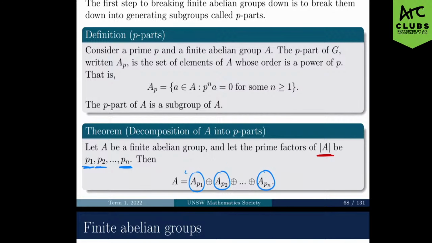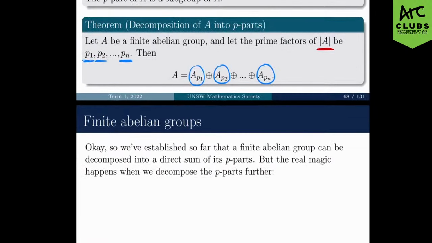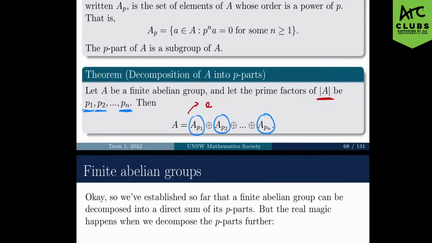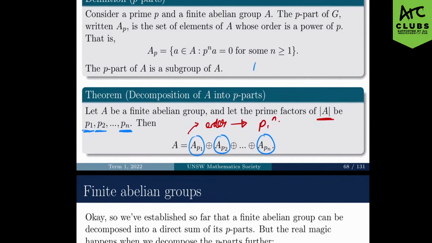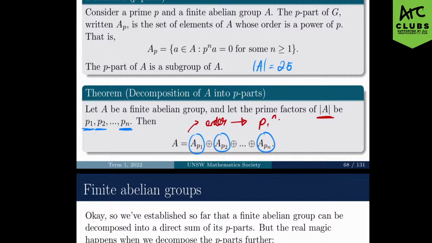What's useful to notice is that each of these p-parts has order p1 to some power. For example, if the order of A is, let's say, 25, then it has to have a 5-part, and the 5-part needs to have order 25. We'll get into that more later, but basically this is related to the orders of each of the p-parts.